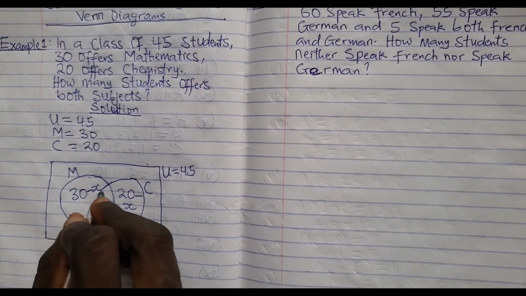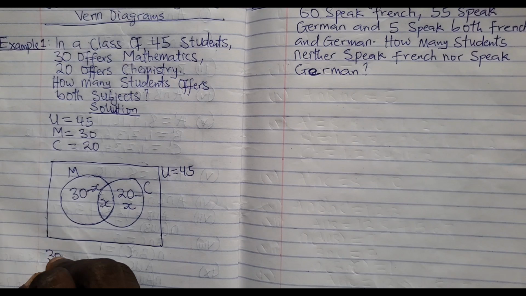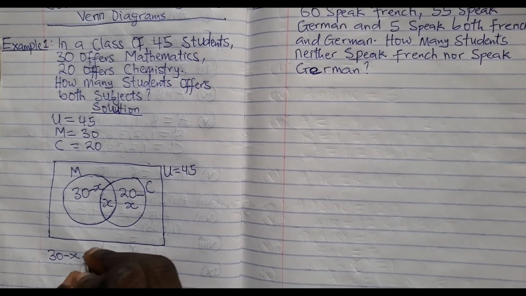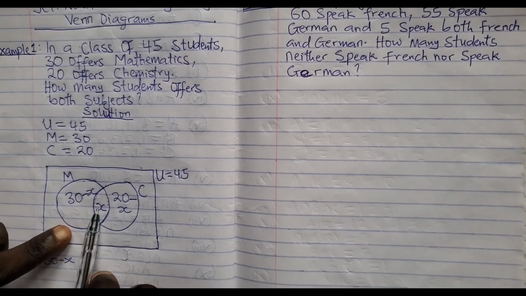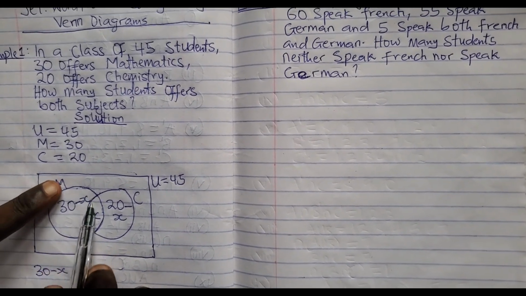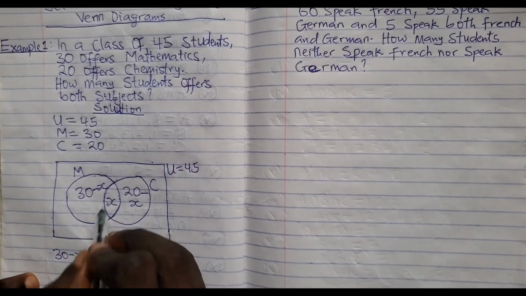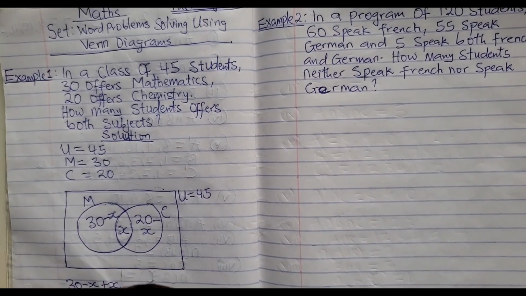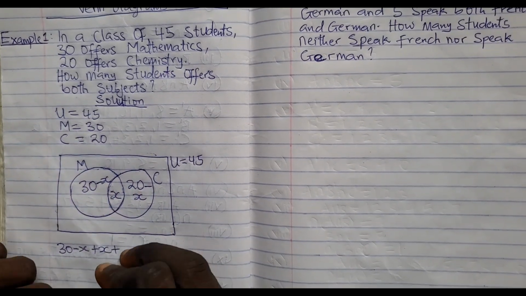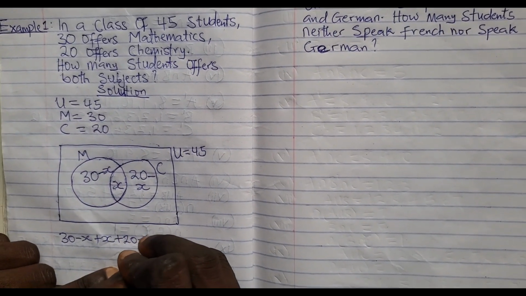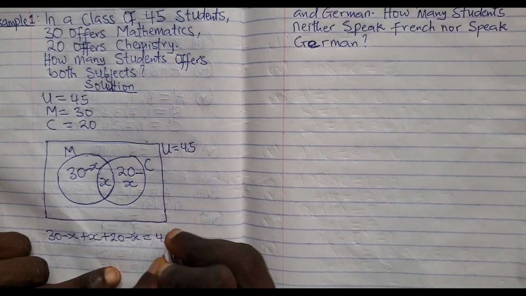For here alone is 30 minus x, plus this shape, x, plus here 20 minus x. Everything is equal to the universe, that is 45.